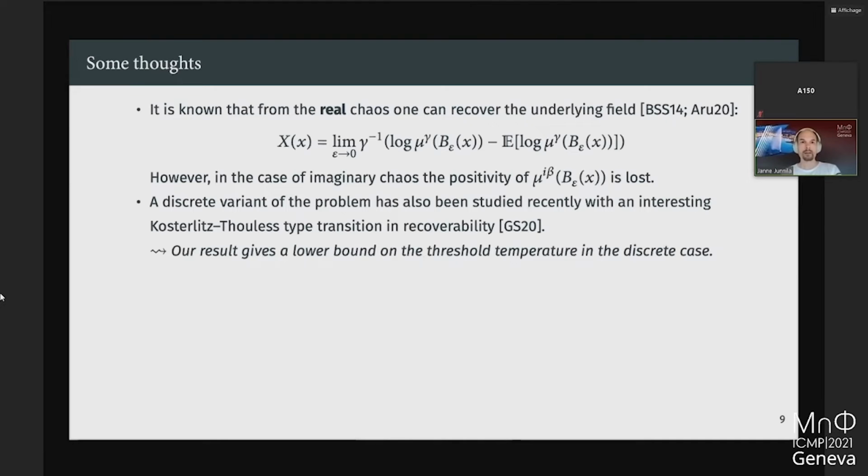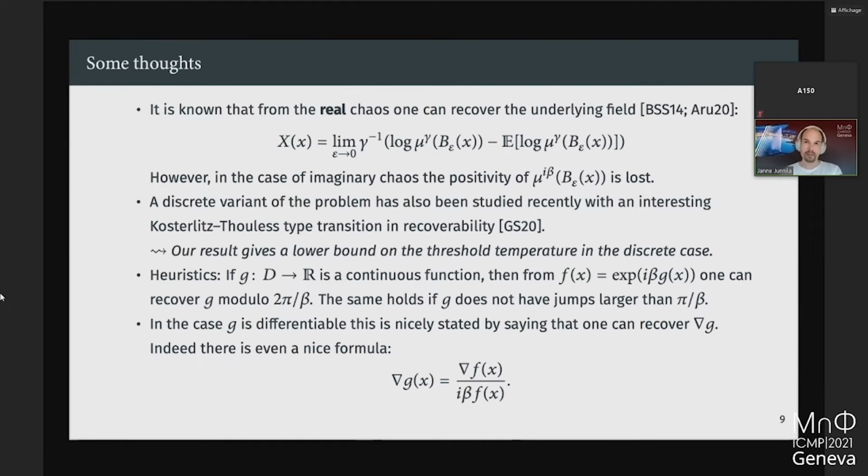In fact, the result we have with Johan also gives a lower bound for this threshold temperature in the discrete case, because they show that if you can recover in the continuum, then you can also recover in the discrete.